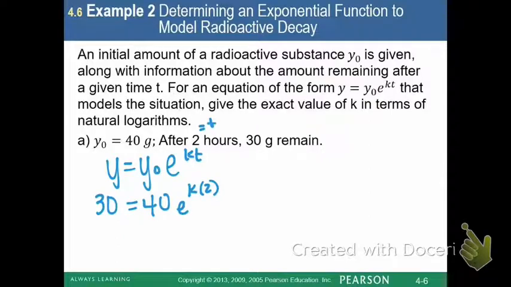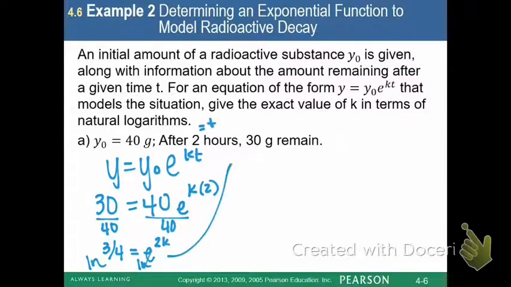So I need to solve for k. I need to find an exact answer here. So our first step is to divide by 40. Okay, so that simplifies down to 3/4 equals e to the 2k. And just like before, to get rid of e to a power, I need to take the natural log of both sides to get rid of that.